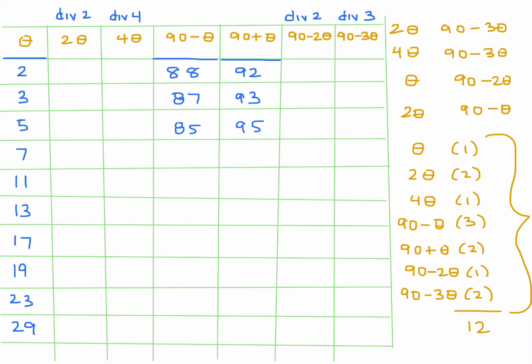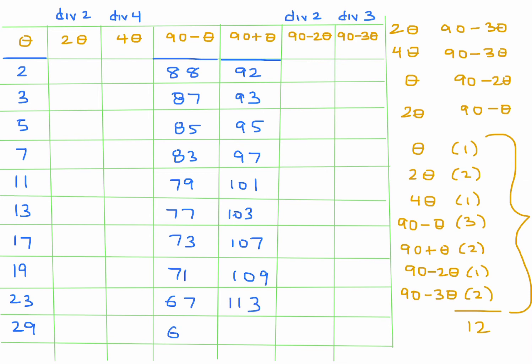85, 95, 83, 97, 79, 101, 77, 103, 73, 107, 71, 109, 67, 113, 61, 119. Now we want a situation where we have at least 6 primes.